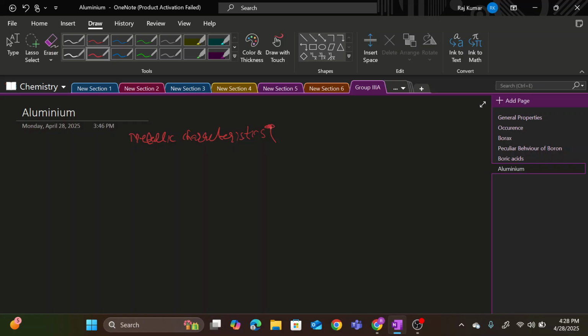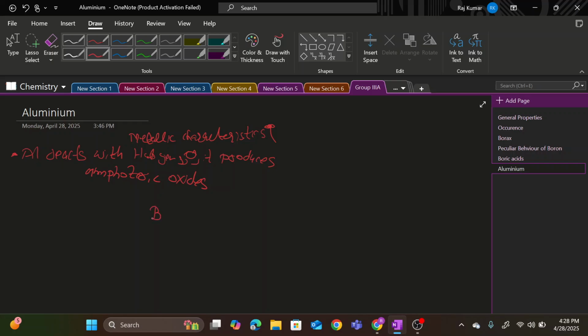And another important fact about it is that whenever aluminum reacts with halogens or, let's say, oxygen, it produces amphoteric oxides. So this is an important fact.